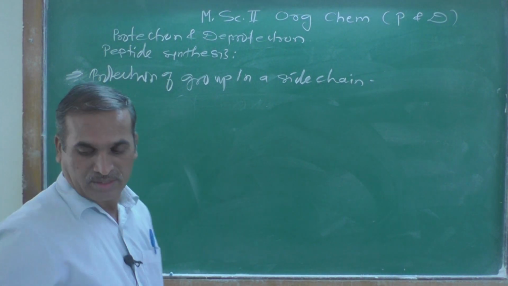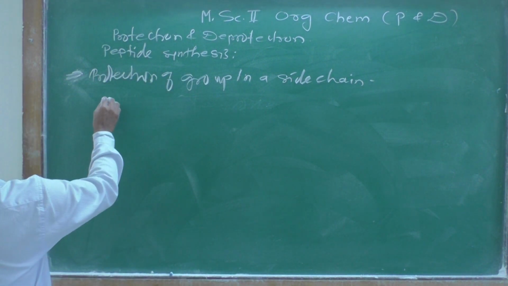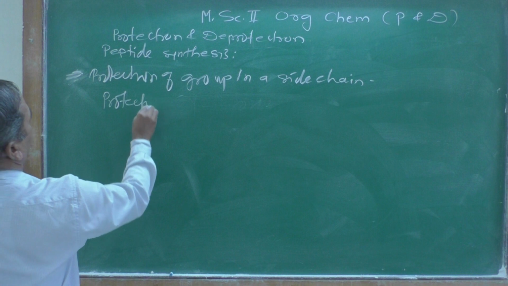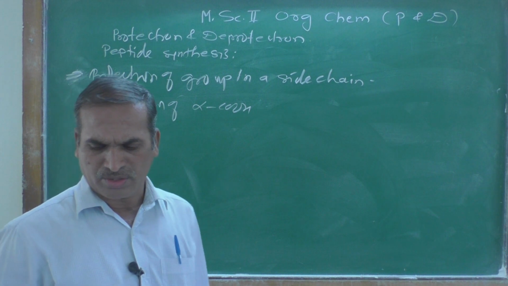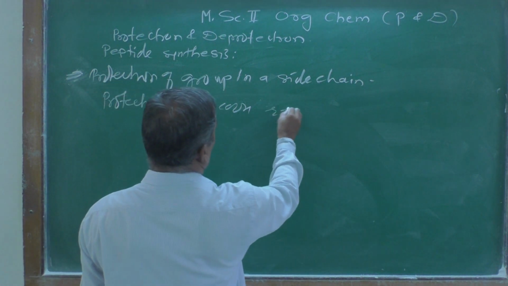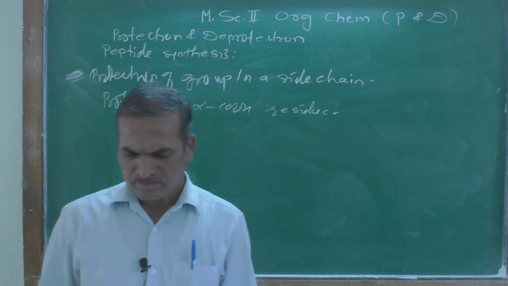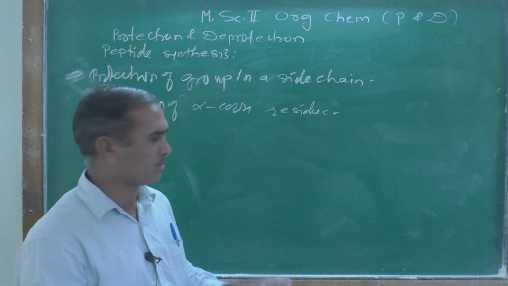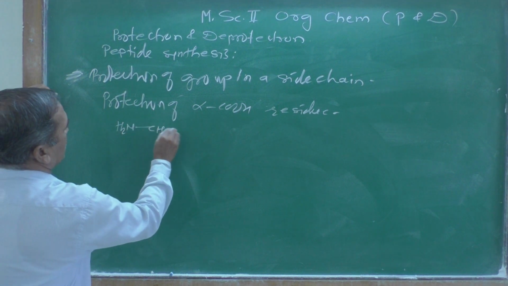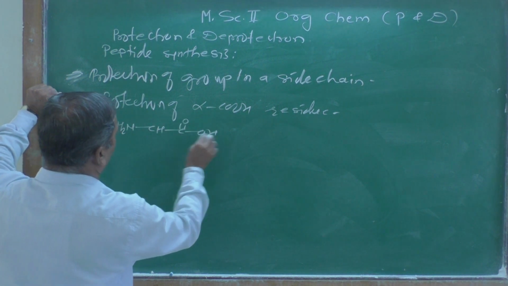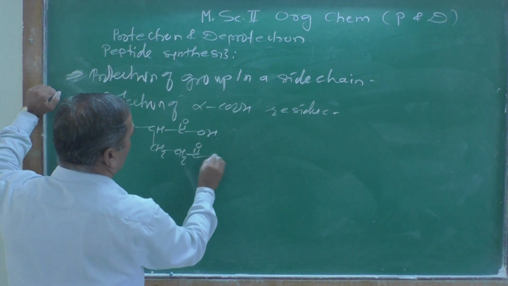Let us see aspartic acid once again: H2N, then CH, C double bond O, OH, then CH2, C double bond O and OH.